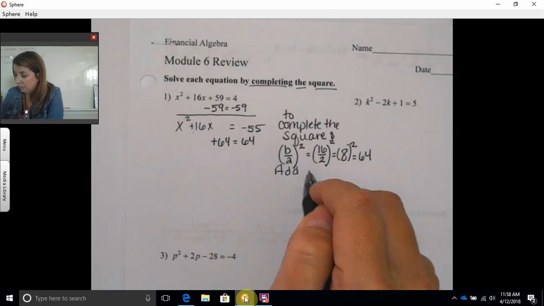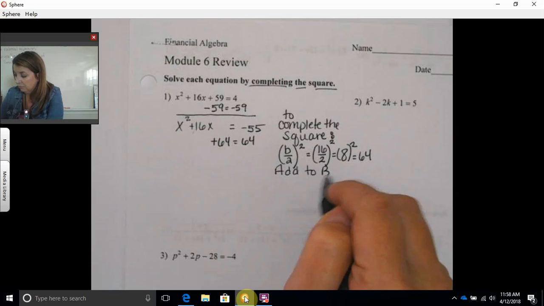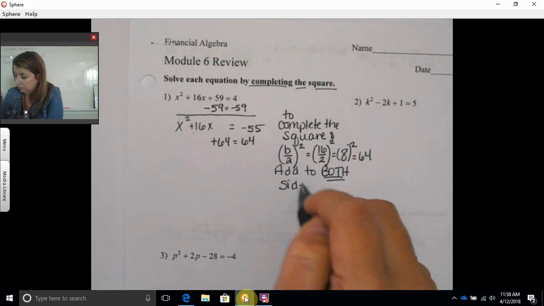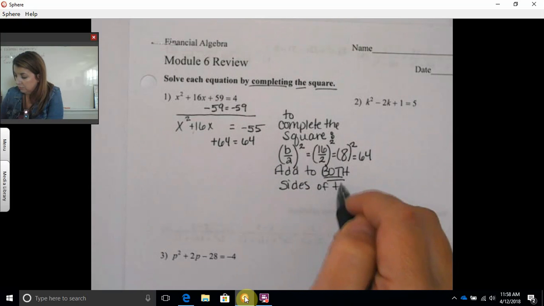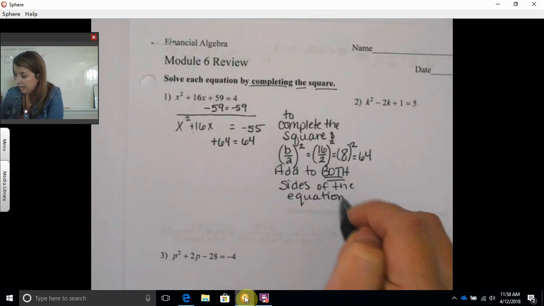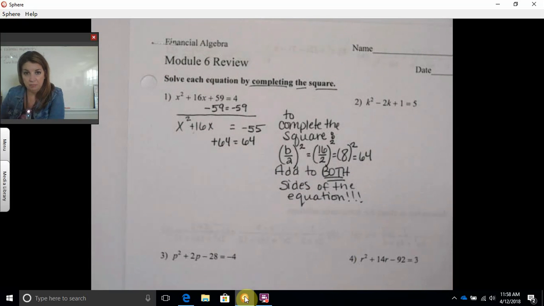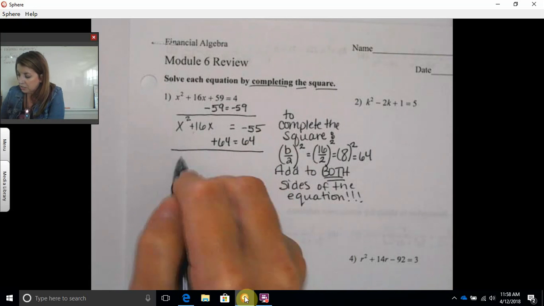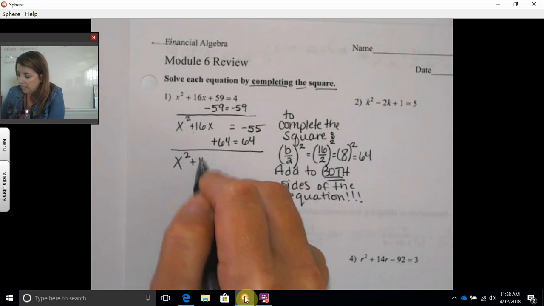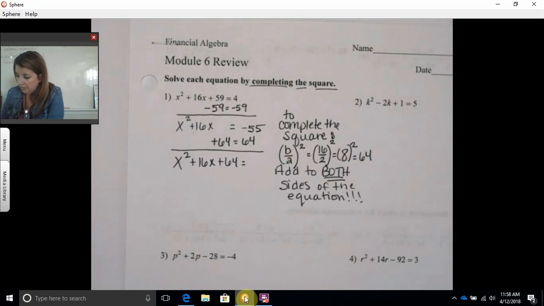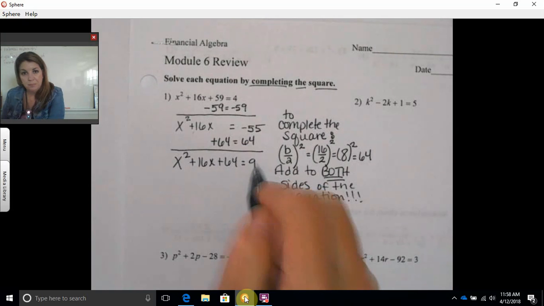That's what messes people up. So we get x squared plus 16x plus 64 equals negative 55 plus 64, which is positive 9.